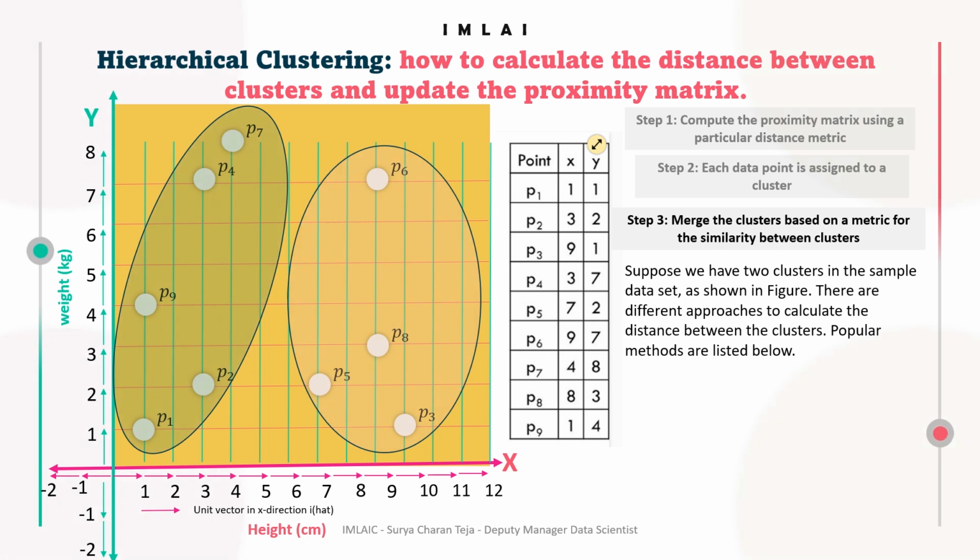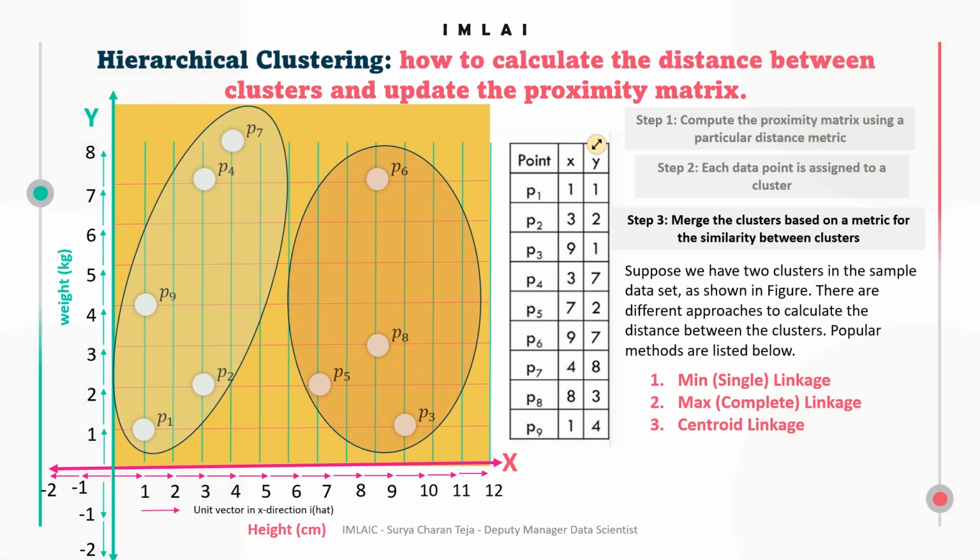Popular methods are min or single linkage, max or complete linkage, centroid linkage, average linkage, and Ward linkage.